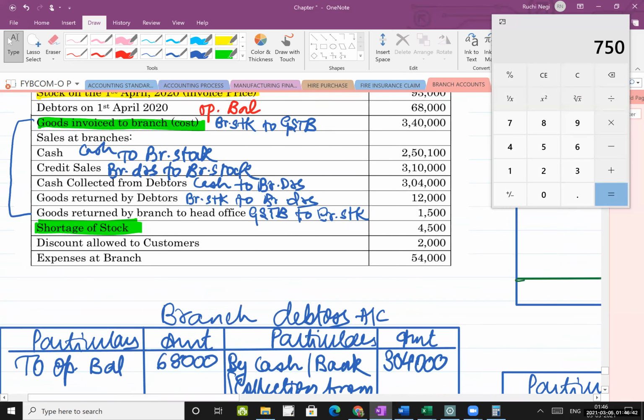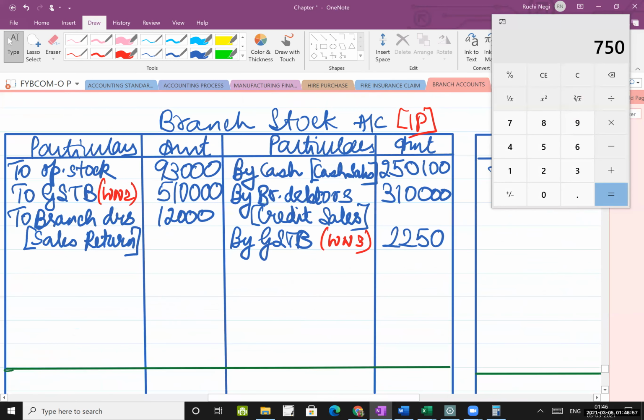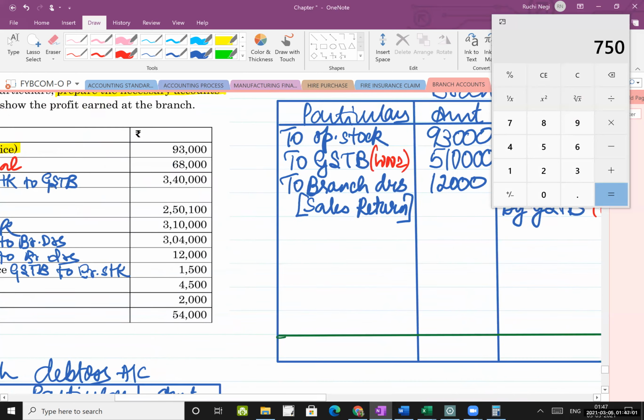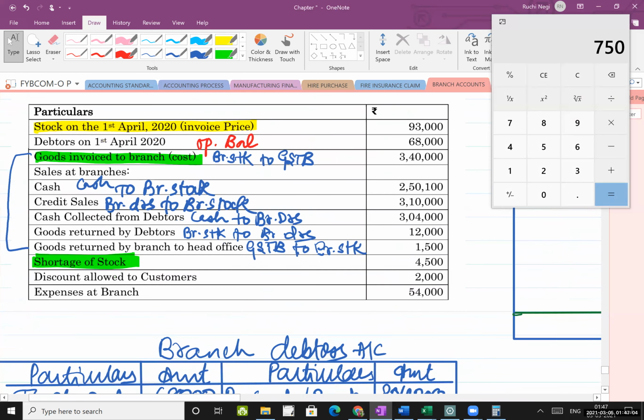Next, shortage of stock. Now the stock is in shortage. The shortage of stock, where do you record it? We record it in branch stock, obviously. Fine. Shortage of stock, so it is on this side. Branch stock, generally it's the balancing figure, but here it is given. So the journal entry is branch stock account debit to branch stock adjustment account.